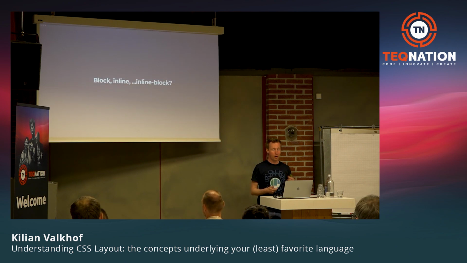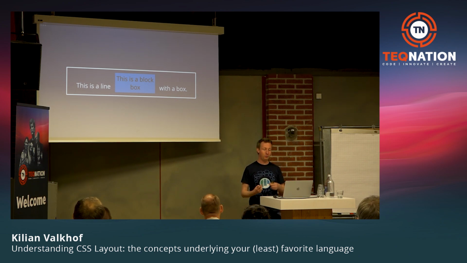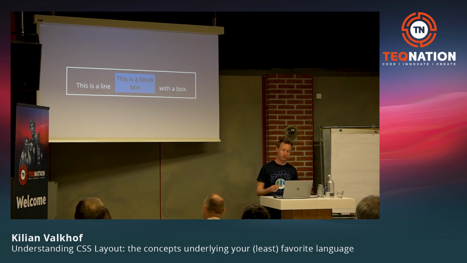So there's one last trick that normal flow has up its sleeve, and that's that an element can also be inline block. Given all the time we spent figuring out the difference between inline and block, what's inline block? Well, inline block tells the browser that a given element behaves as inline for the formatting context around it, but is rendered itself as a block box, and that then creates its own formatting context.